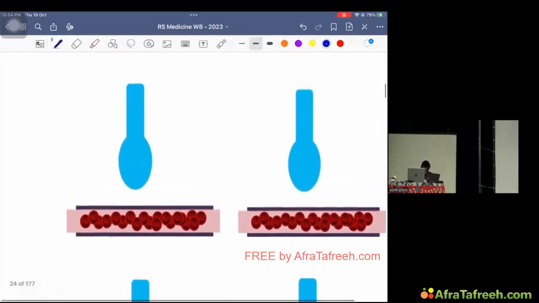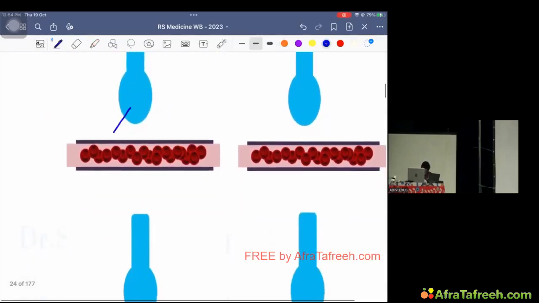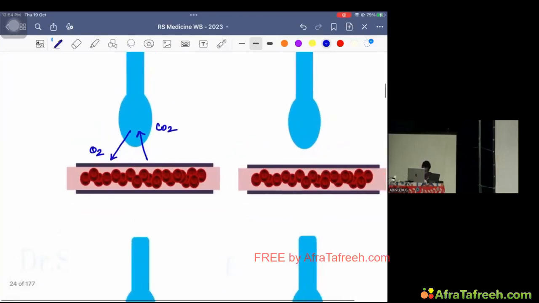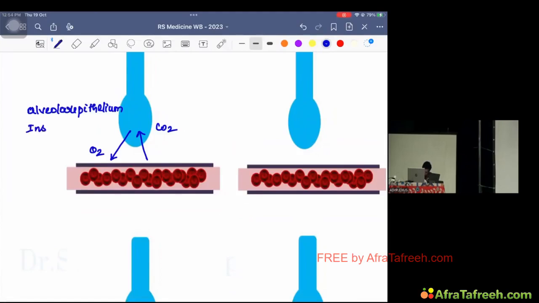Coming to the next scenario, every time you breathe in oxygen and breathe out CO2. This oxygen is going to enter the alveolar epithelium, interstitium, and capillary endothelium.